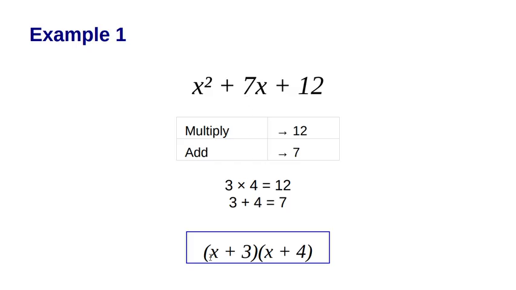And that's how you write them: x plus 3, x plus 4. Then you can find out what x is by setting these equal to 0, and you get x equals negative 3 and x equals negative 4. That would satisfy the equation. Right?